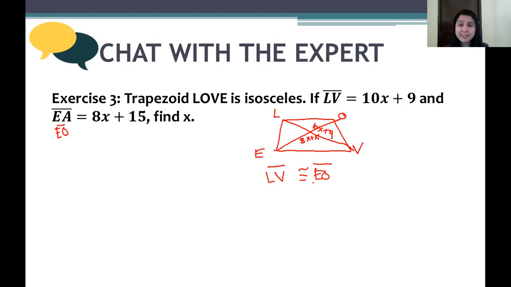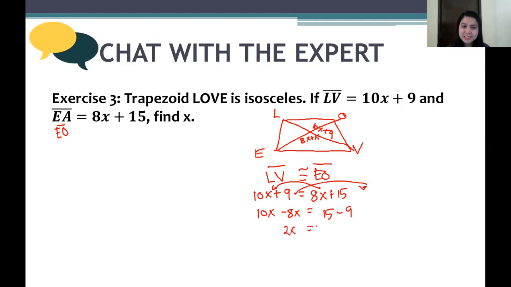So 10x plus 9 equals 8x plus 15. To the other side, 10x minus 8x equals 15 minus 9. So 2x equals 6. Divide both by 2. Very good, Tatiana and Althea. X is equal to 3.